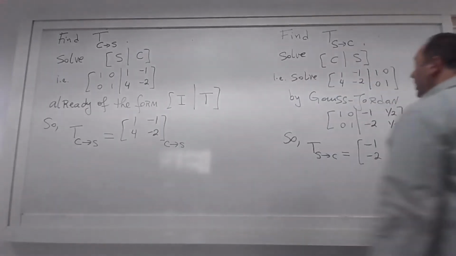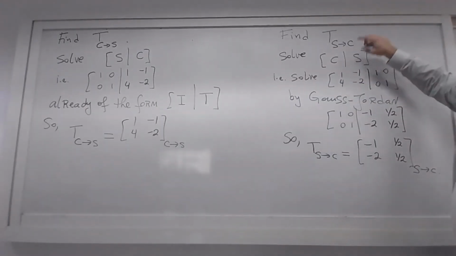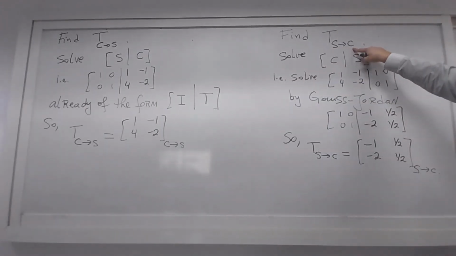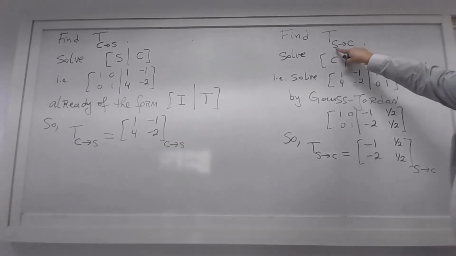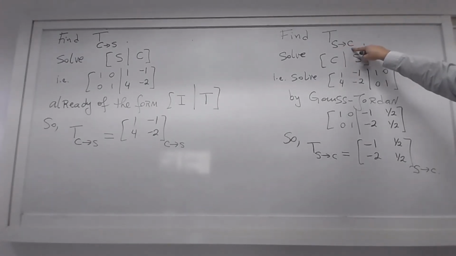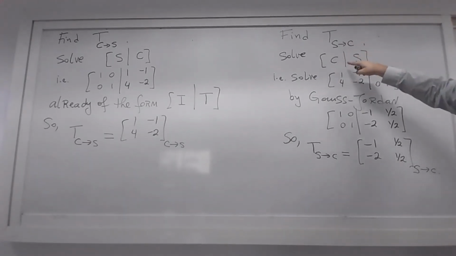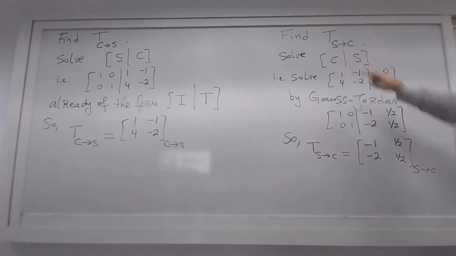Now if I need to find the transition matrix from standard basis to basis C, that means I need to express every vector from basis S as linear combination of vectors in basis C. So vectors from basis C will form a matrix, slash, and then I'll put vectors from basis S on the other side.